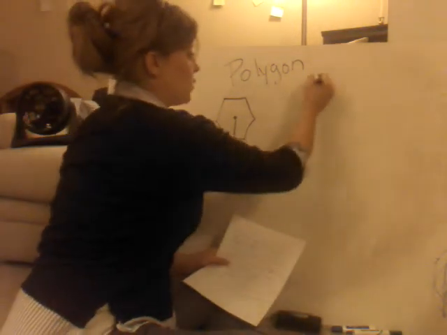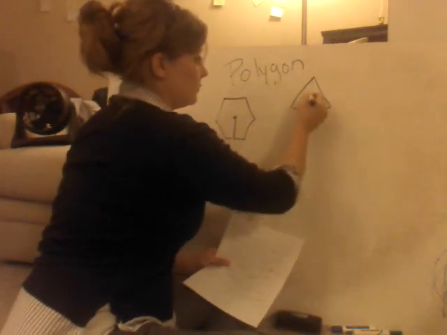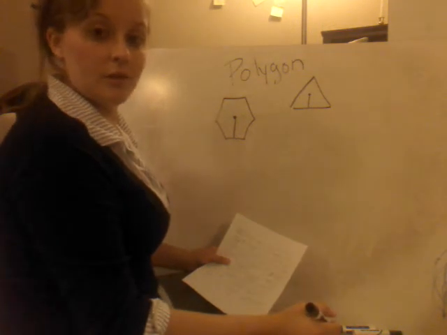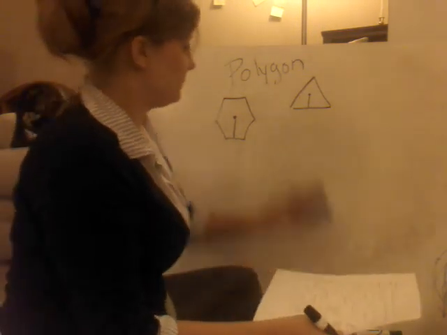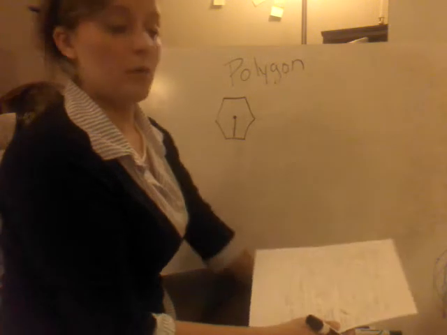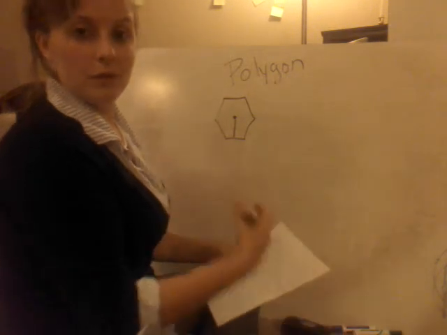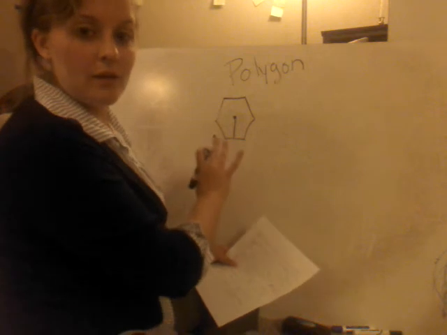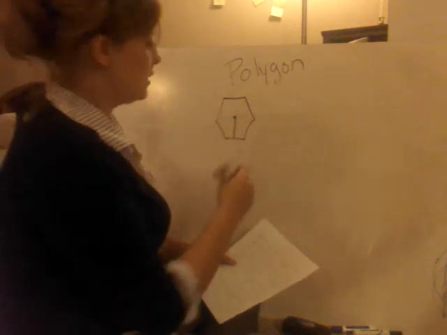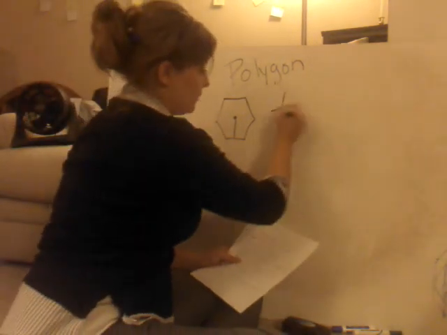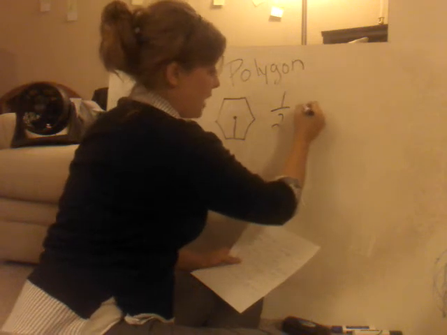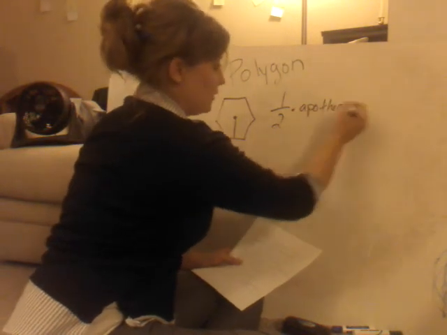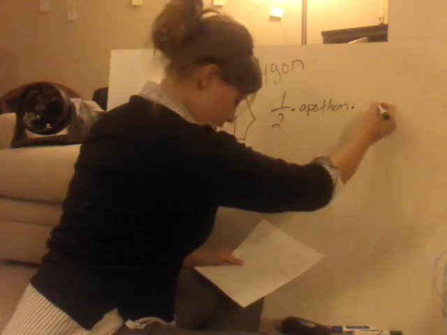So if I wanted to do a triangle, there's my center to the side. We already have them for a triangle, so we don't really need to do that. But for any shape, it would be 1/2 the apothem, A-P-O-T-H-E-M, times the perimeter.